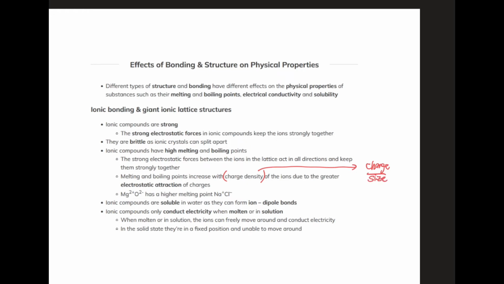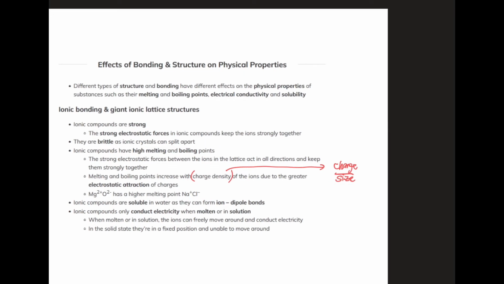For example, let's say I talk about sodium, magnesium, and aluminium. These three are in period 3, and when we go across period 3, the size decreases.